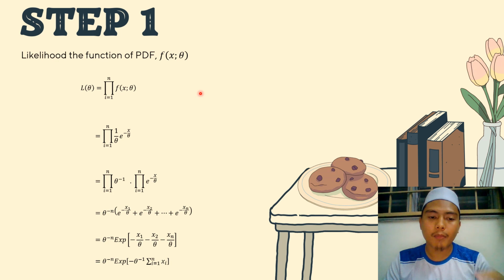Then we substitute the PDF into the equation, so we get the multiplication of 1 over theta times exponent power of negative x over theta.